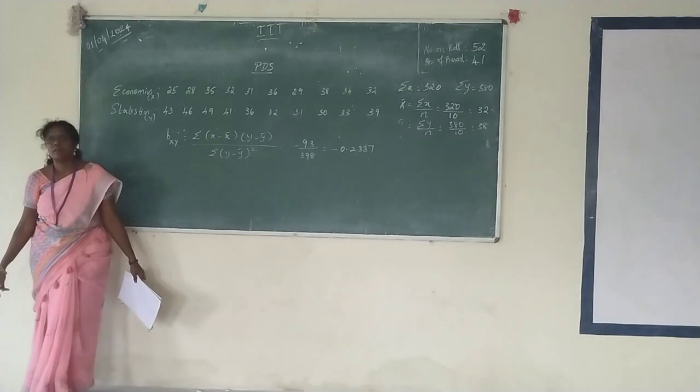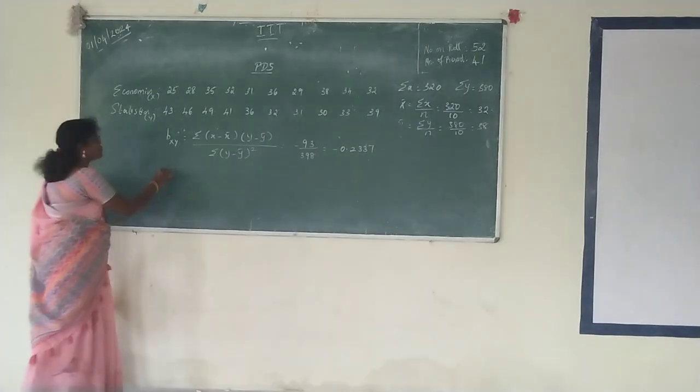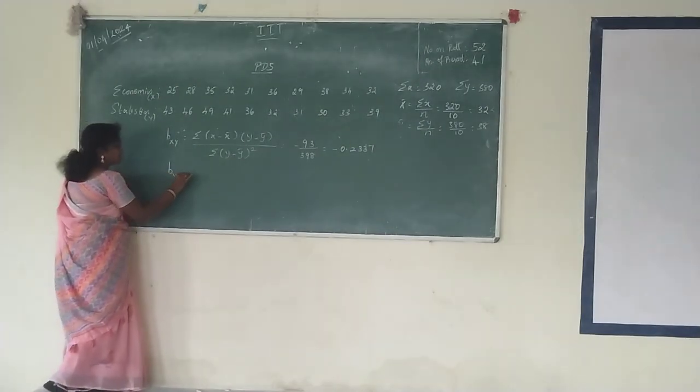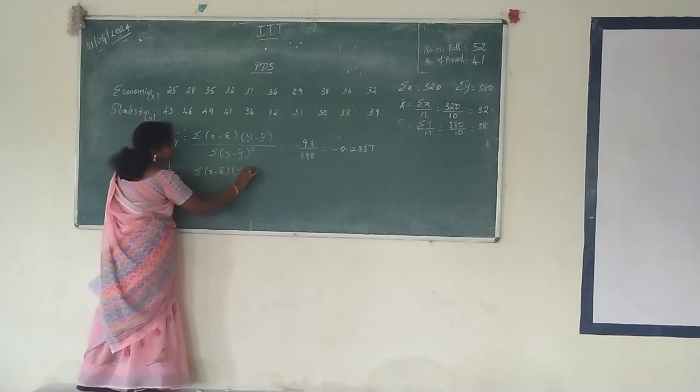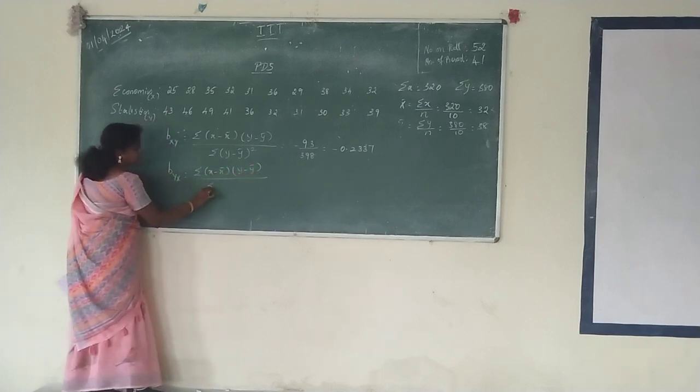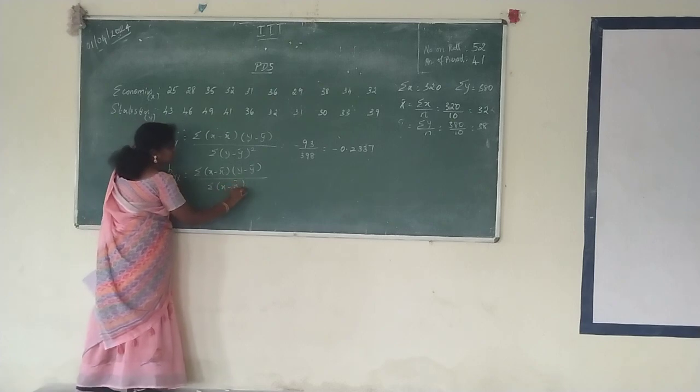Yes. Find the next one. The other regression coefficient b y x equals summation of x minus x bar into y minus y bar by summation of x minus x bar the whole square.